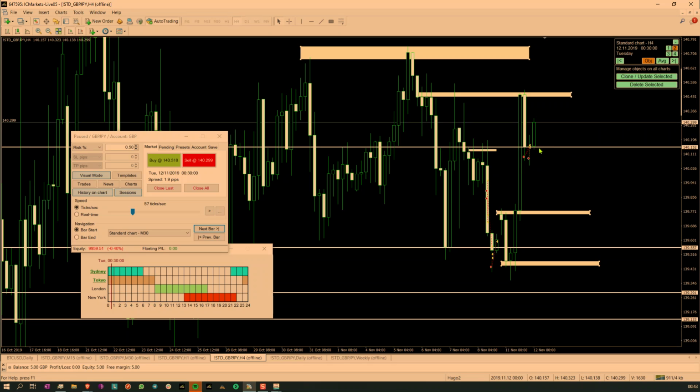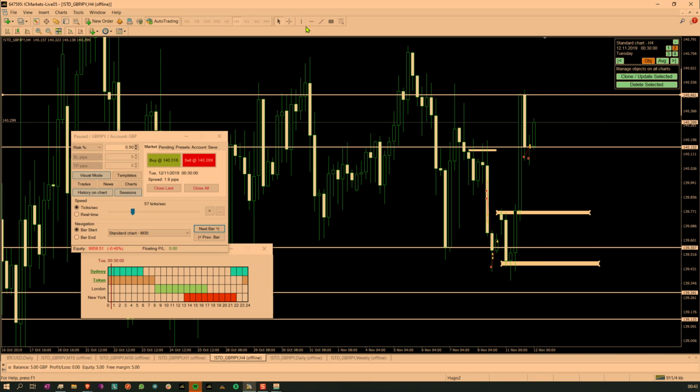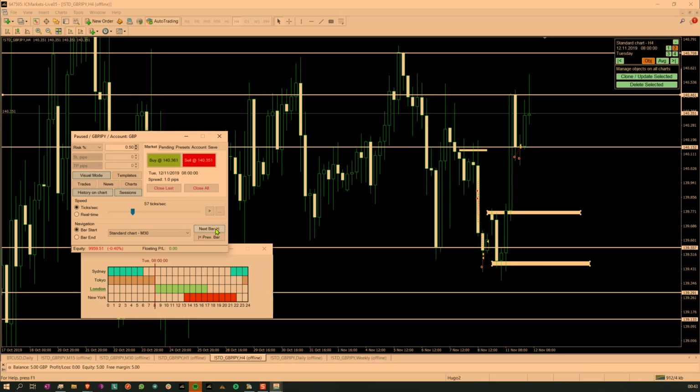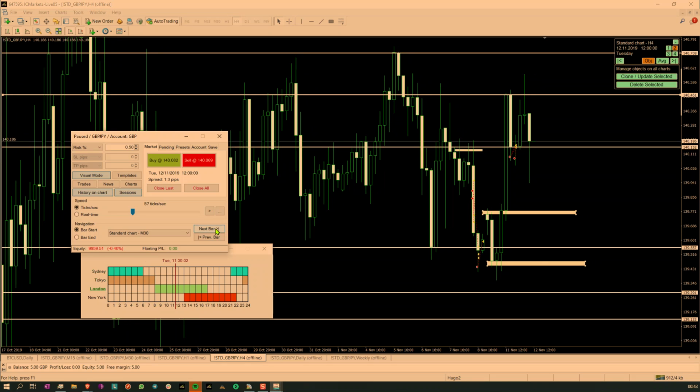We created a support here. And now we have this resistance here. And after that, that one. Okay, but we have to move to the place where we are going to trade. So it's here.